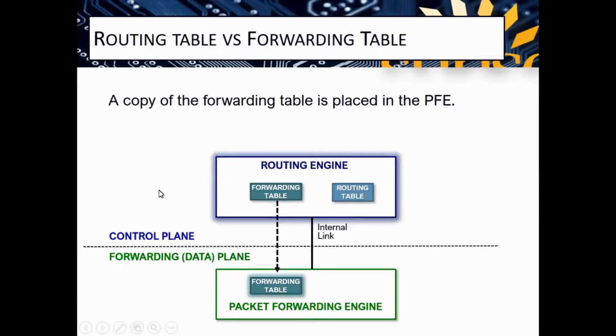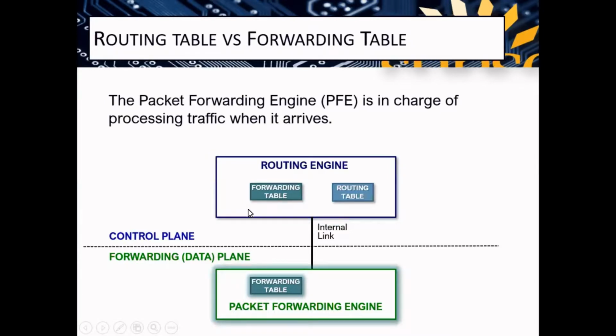Now, a copy of that forwarding table is going to be placed in the packet forwarding engine. And when traffic arrives, the packet forwarding engine is going to be looking at the local forwarding table to make forwarding decisions.